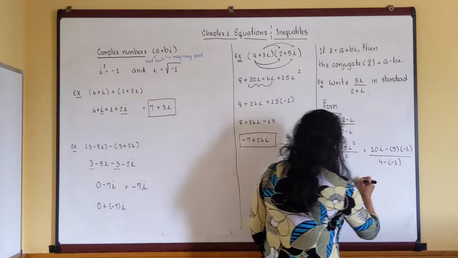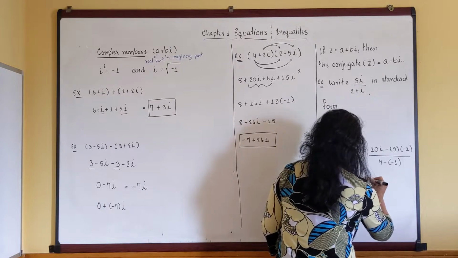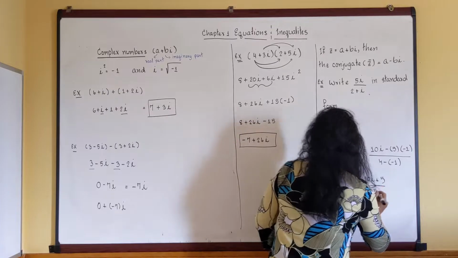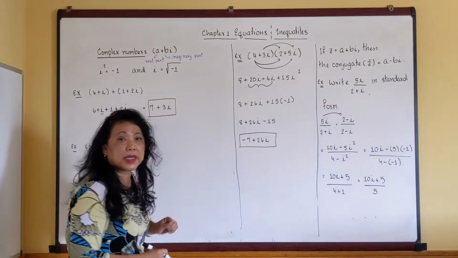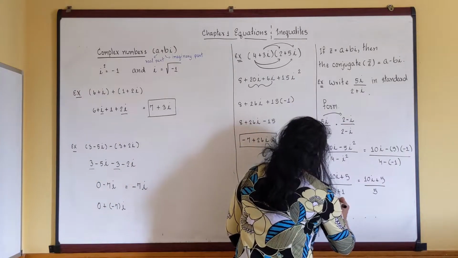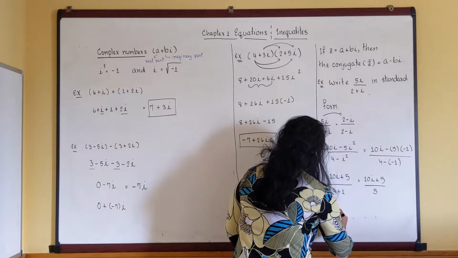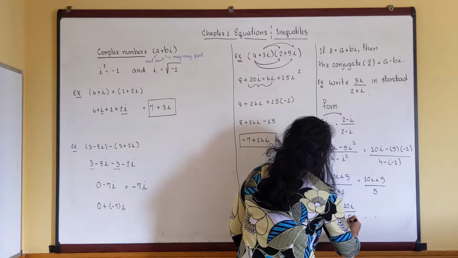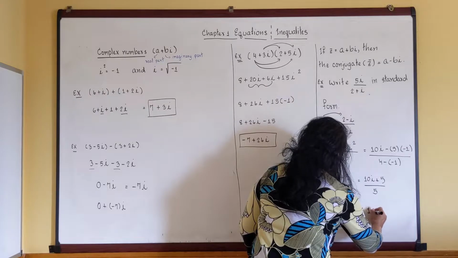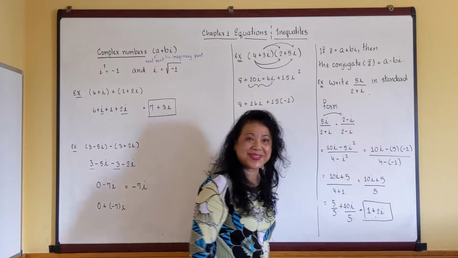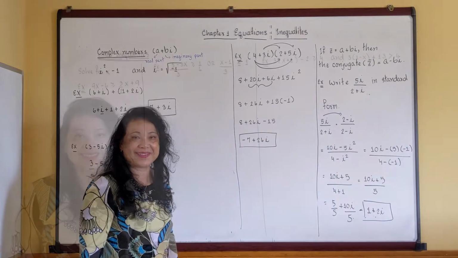Now I'm going to rewrite it this way. 10i plus 5 over 5. Because they want it in standard form, it has to be in the form of a plus bi. So I'm going to write it as 5 over 5 plus 10i over 5, which is 1 plus 2i. Alright, let's see more examples.